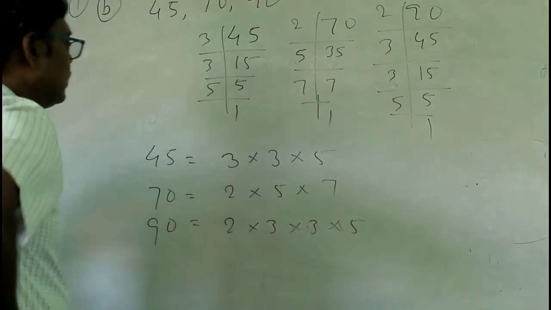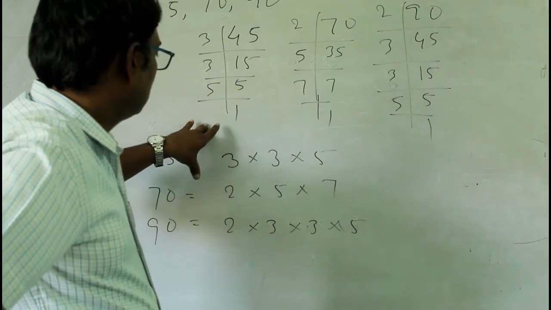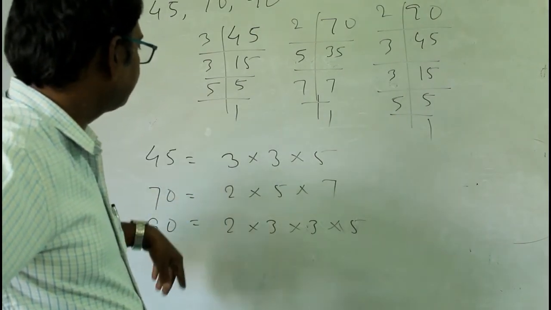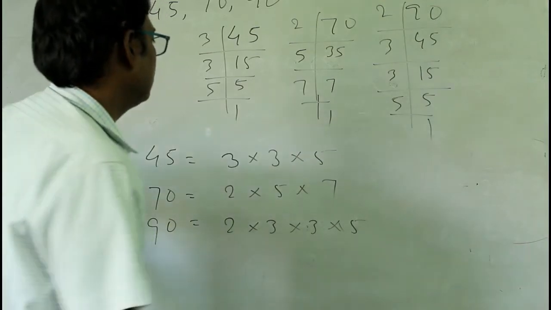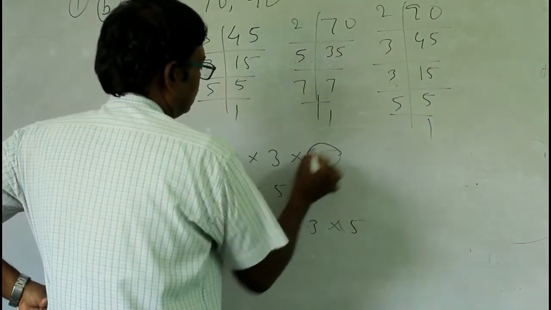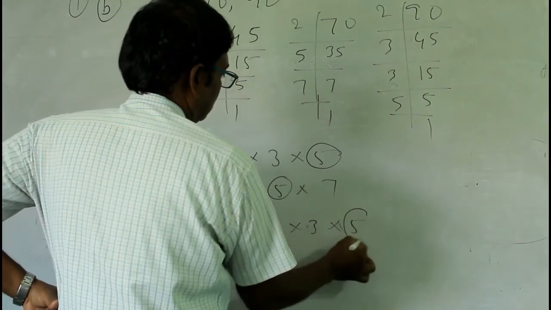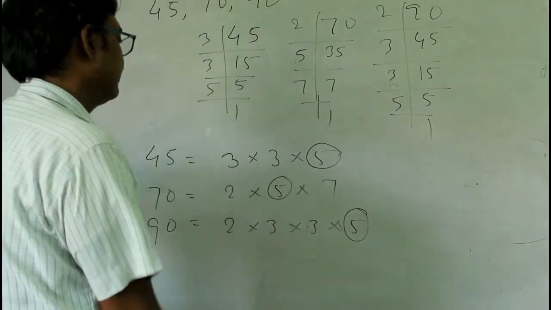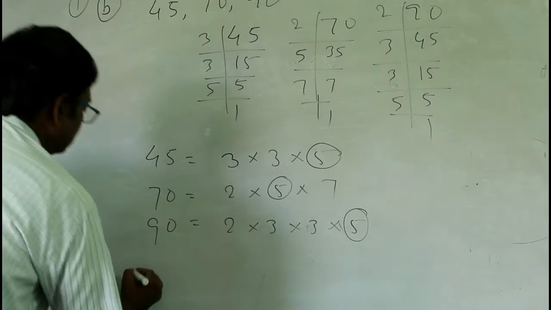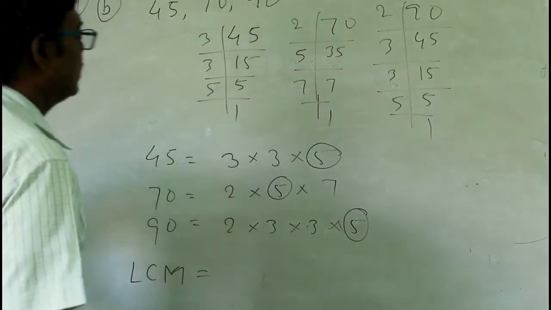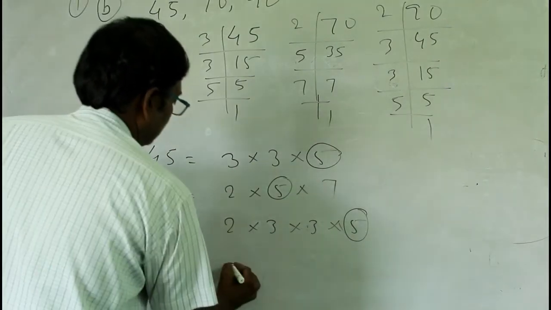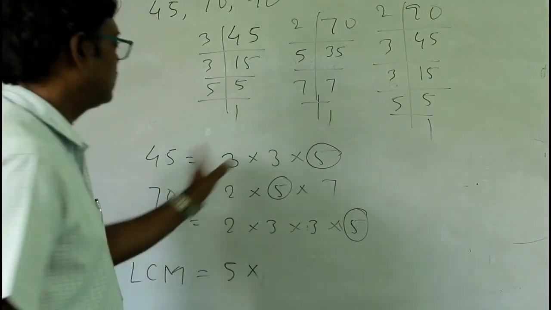Okay, so here see that in this nothing is common except 5. Only 5 is common here, and no other number is common. Okay, so then you will write the LCM equal to, here 5 is common, so write 5 only once, and then write all the other numbers.